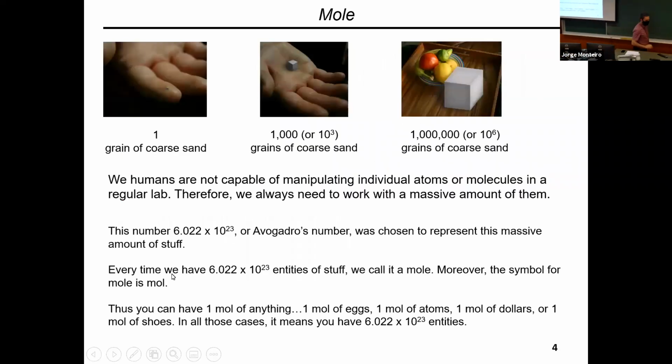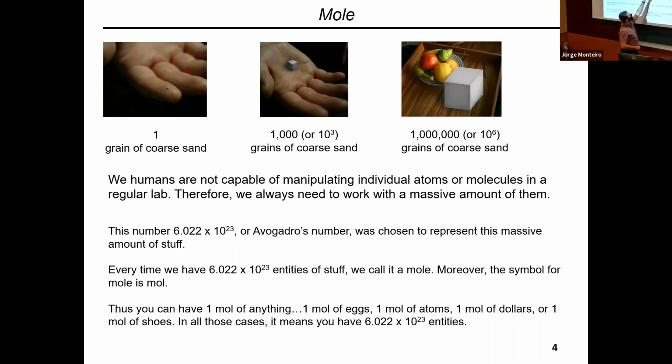I would like to start talking about the mole. Let's start with a very simple example. If you get 1 grain of coarse sand, that will fit on your fingertips. Very small grain. However, 1,000 grains of coarse sand will fit on the palm of your hand.